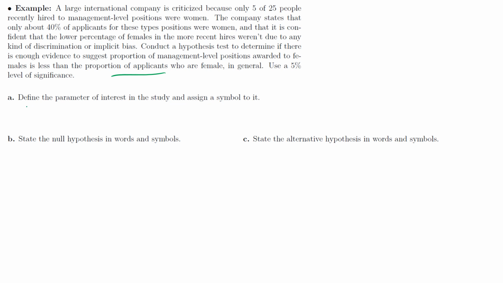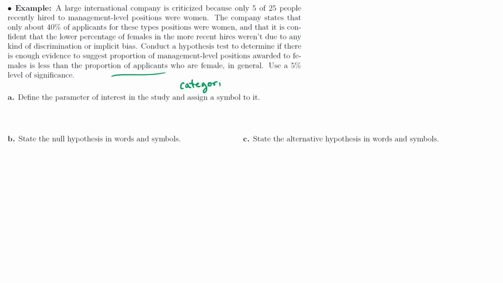In A, it just wants us to define our parameter of interest and assign a symbol to it. So in order to do that, we need to think about what type of data we're collecting. So this 5 out of 25 from the sample, what they're doing is they're counting up the number of women in the recent hires. So for each recent hire, you're writing down the gender of the person. So that tells me that it's a categorical variable.